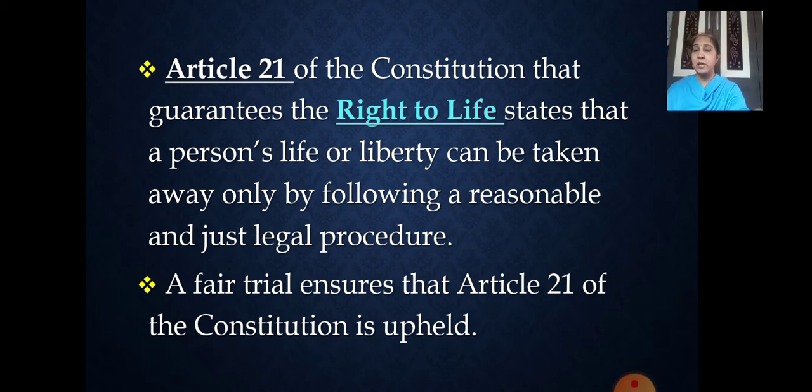As per Article 21 in the Indian Constitution, it guarantees the right to life to each and every person. So a person's life or liberty can be taken away only by following a legal procedure. And a fair trial ensures that Article 21 of the Constitution is upheld.